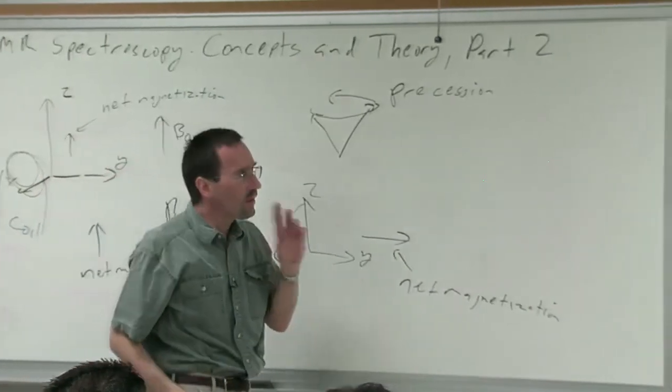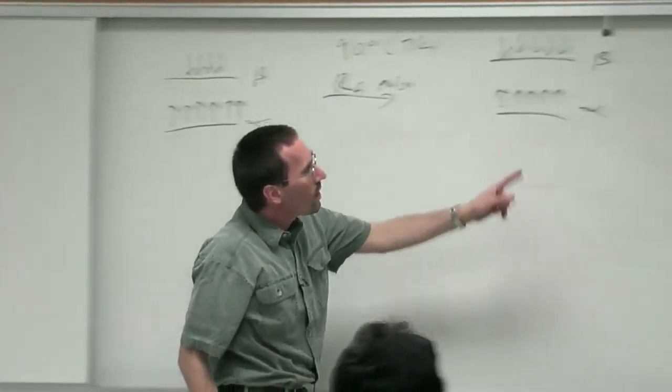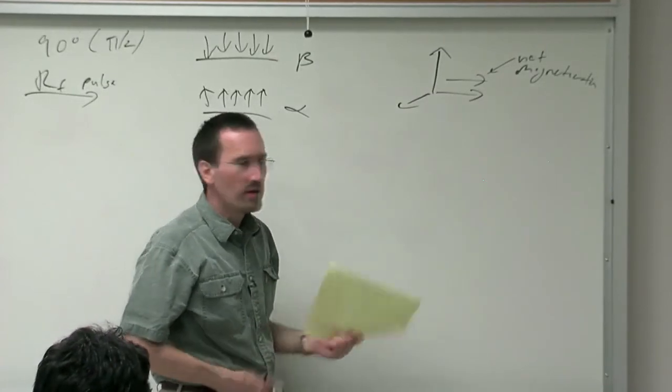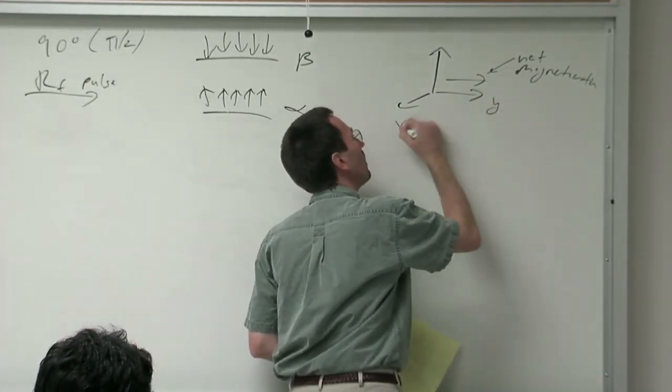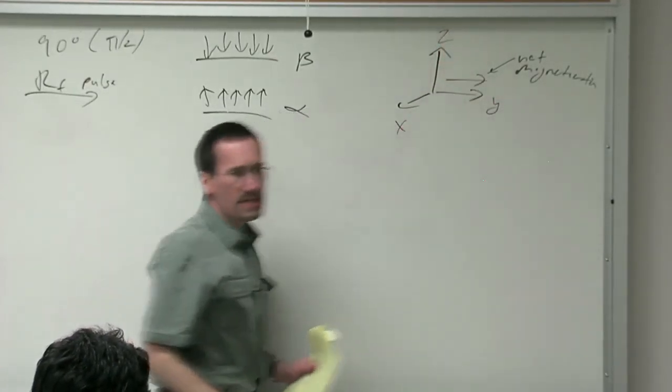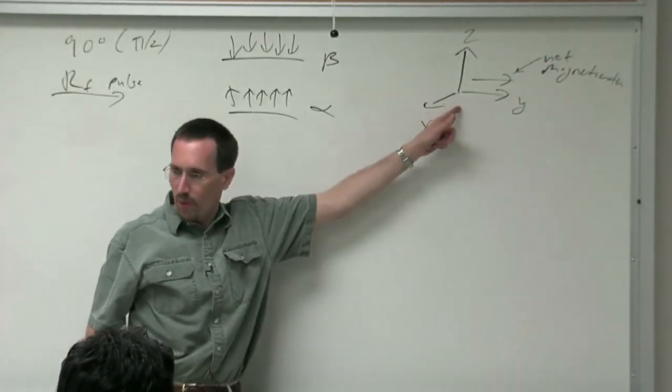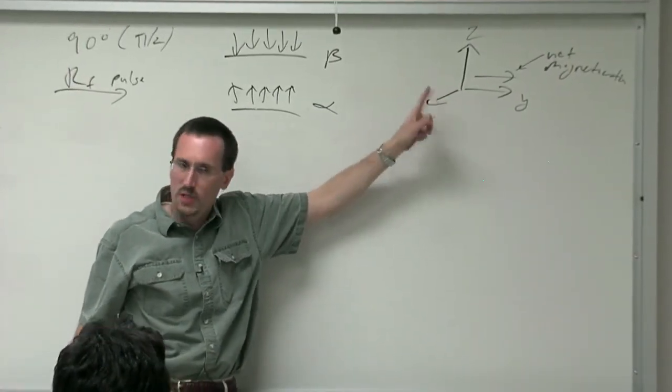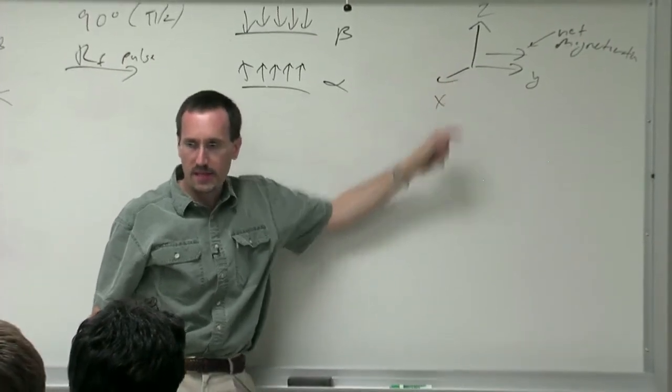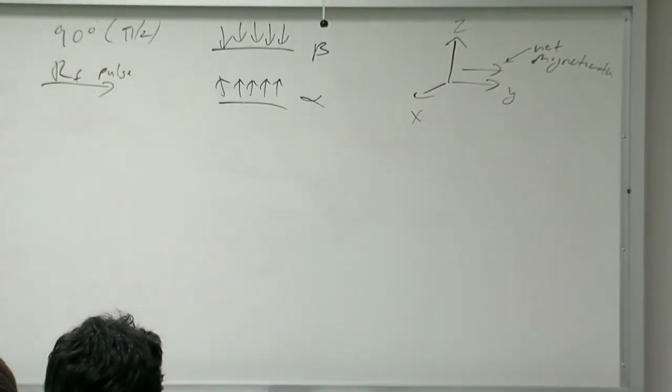But the very important point is we have the net magnetization focused along the y-axis. It is not diffuse, it is not pointing in all directions, we actually have net magnetization in the xy plane.